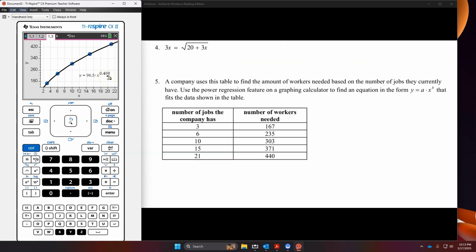So that's the same thing as saying y equals 96.5 times the square root of x, because y equals 96.5 x to the power 0.498. This is describing a square root. So as a review, you've got to put this into the spreadsheet and find the line of best fit by using the regression, the power regression.